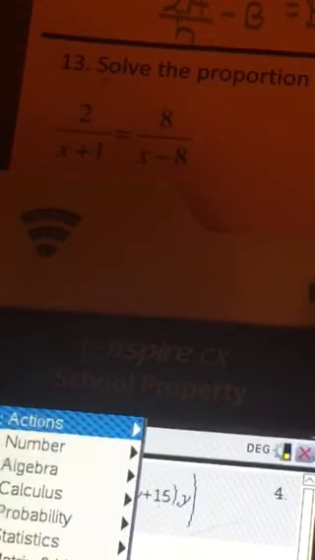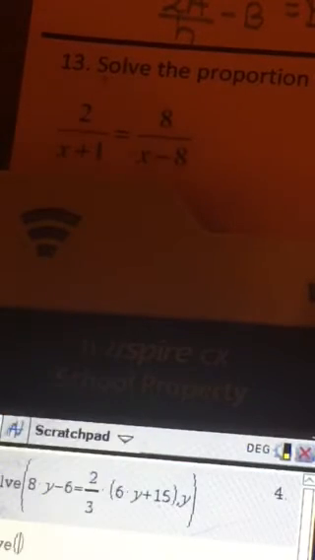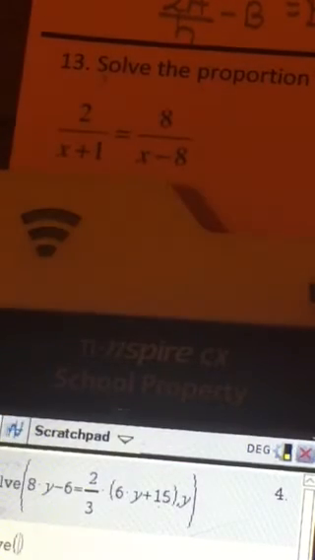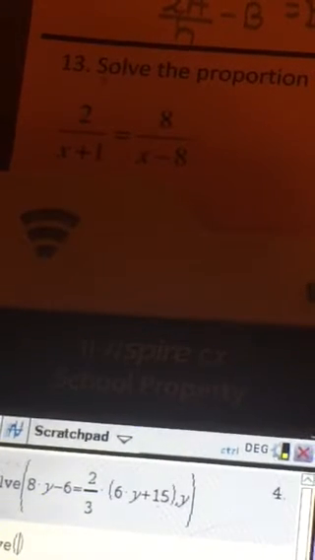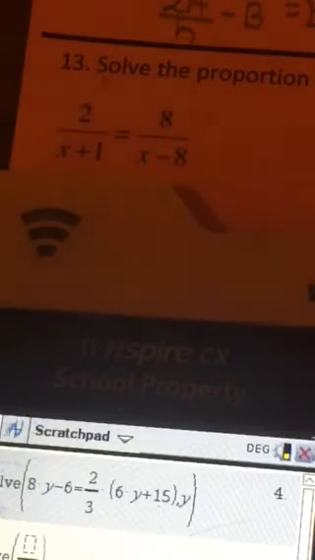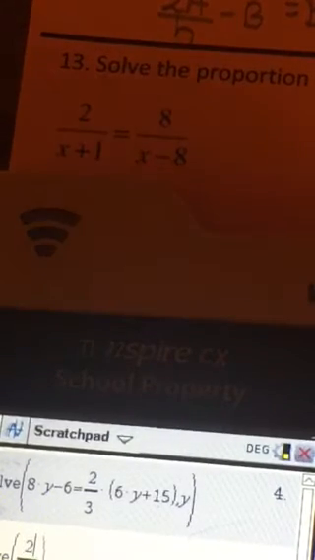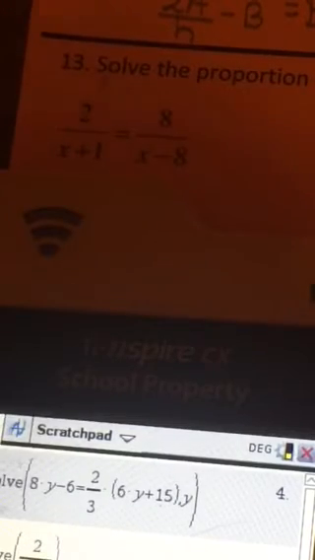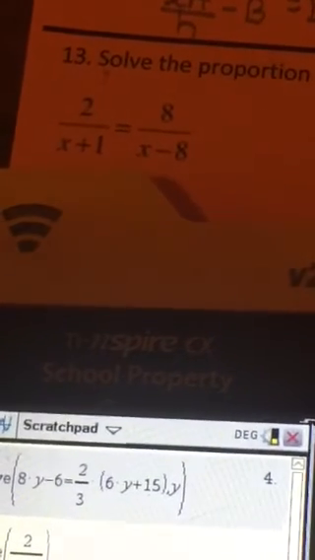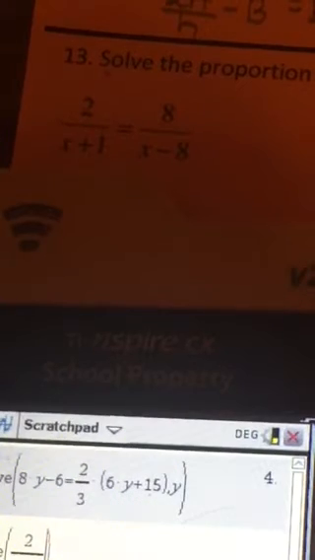So first thing, menu 3, 1. And then we're going to get a little fraction. And it's 2, and then down, x plus 1. And then we're going to go ahead and equals.